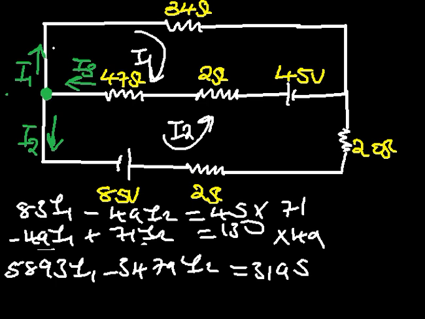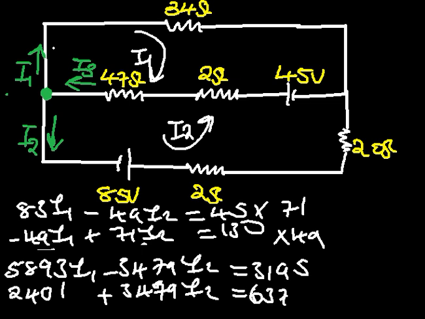That is 49 times 49, so we can have it as 2401, and it should be plus 3479 I2, which is equal to, now 130 times 49, so we have 6370. So that is the principle behind all those.